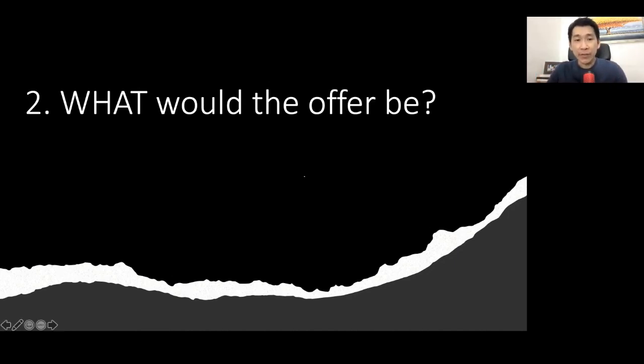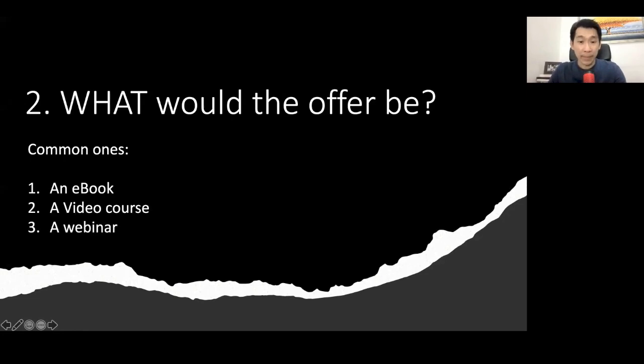So let me share with you the typical ones, the common ones that you see in the market: an ebook, all right, a video course, a webinar. So these are the common ones that you see that marketers are using. Oh, okay, register your name and email to get a free ebook, register your name and email to get a free video course, or register your name and email to register for our webinar, right?